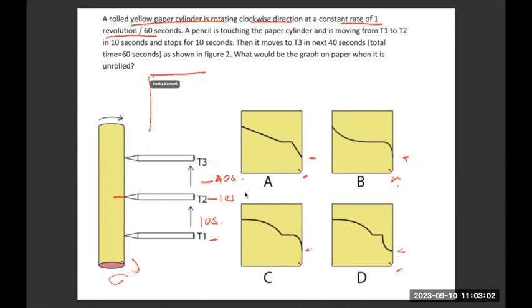So if I were to construct the line which the pencil will leave, first there will be a steeper angle because it moves in 10 seconds.